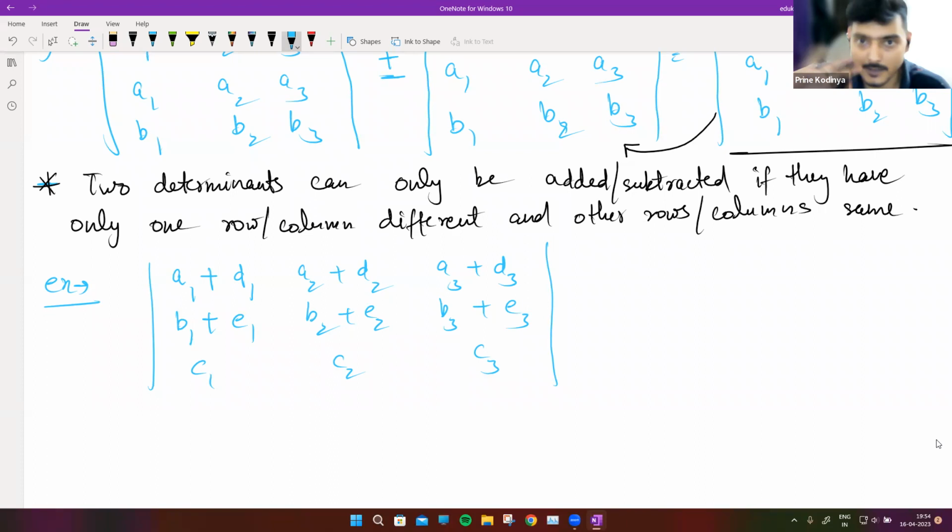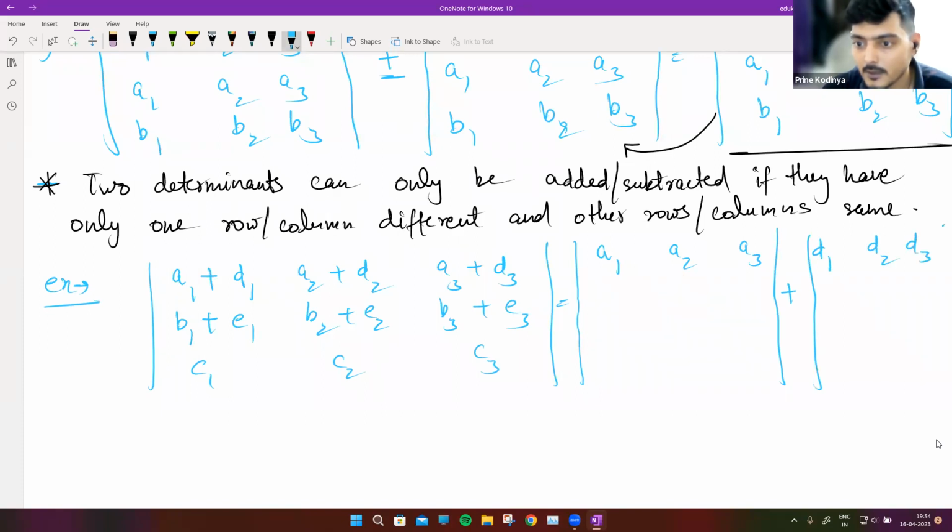And one row I can break. So I'm breaking the first row. I can write it as A1, A2, A3 plus this would become D1, D2, D3, and the rest of the determinant will be the same for both of them, as was the original determinant.